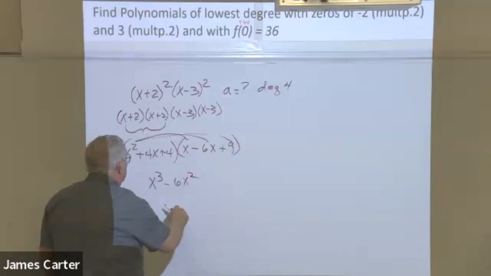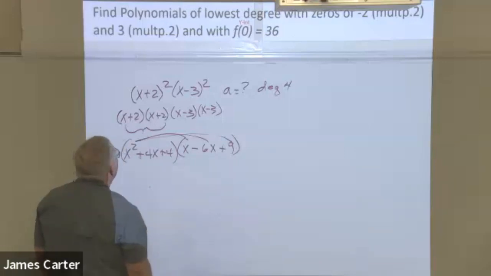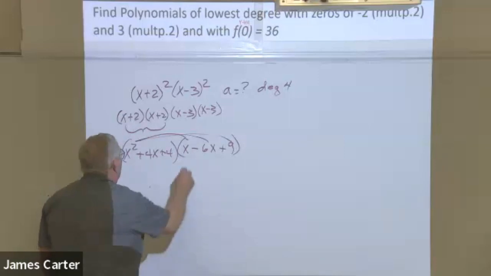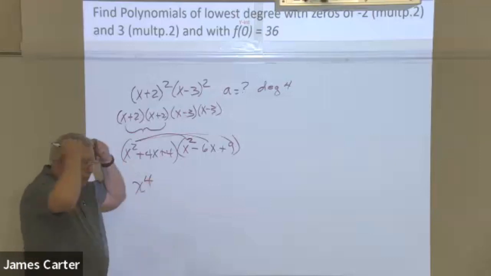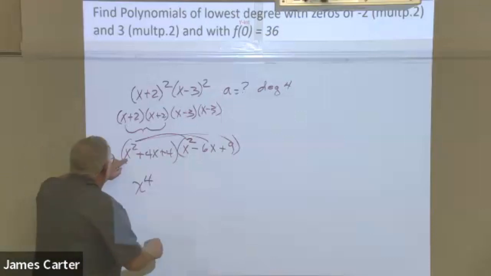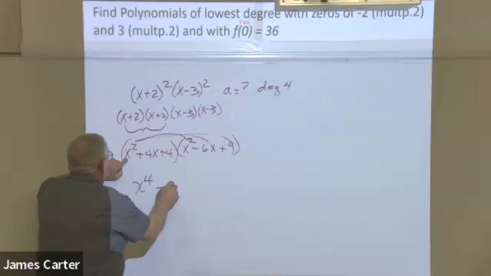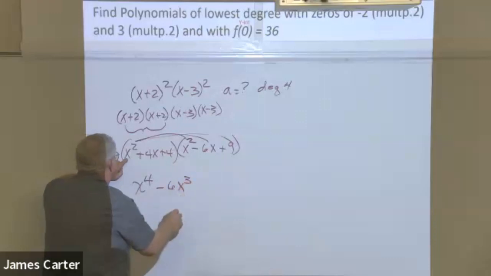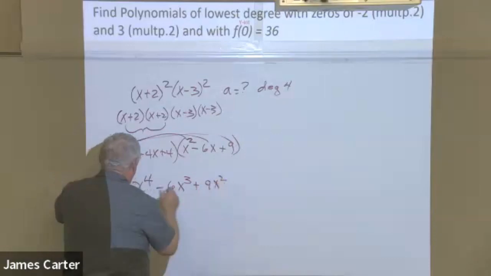Wait a minute. Like in the original equation, the x squared minus 6x plus 9, it should be x to the 4th. Brain lapse. Okay, so anyway, here we've got x to the 4th minus 6x to the 3rd plus 9x squared.